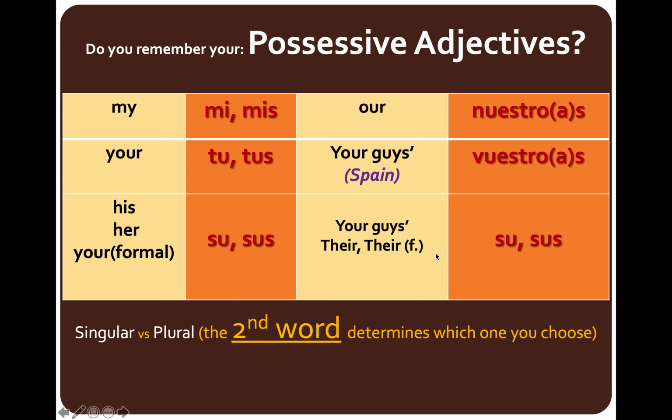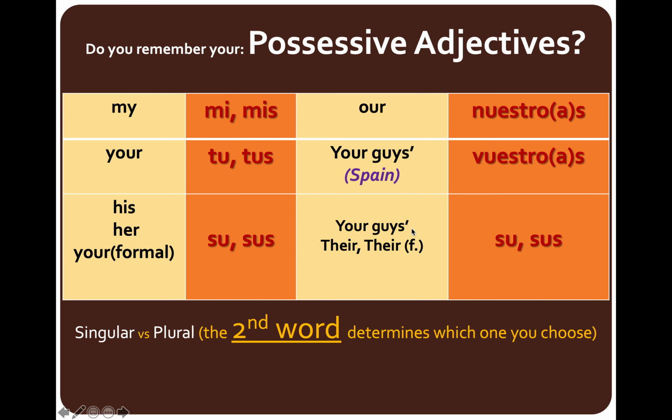So what if I said their mom? Mom is one person, so it's su mamá. What if I said their aunts? Aunts is more than one person, so it's sus tías. All right, same thing for your guys's. Please don't confuse this with you guys. You guys is ustedes with the apostrophe after the S. This is your guys's.